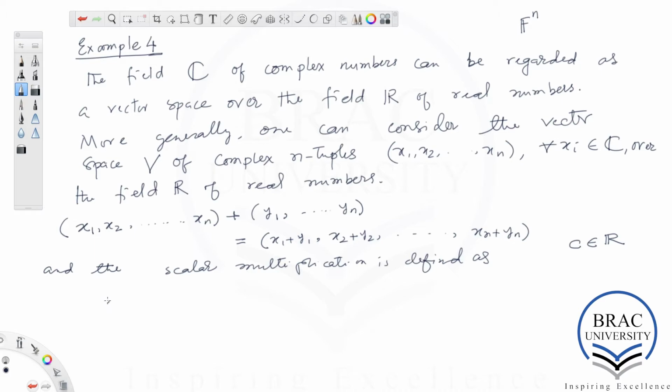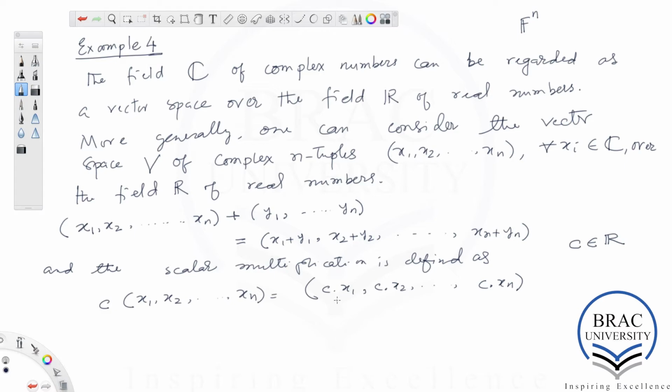So c gets multiplied with this complex n tuple x1, x2 all the way up to xn, and it's defined as c times x1, c times x2 all the way up to c times xn.